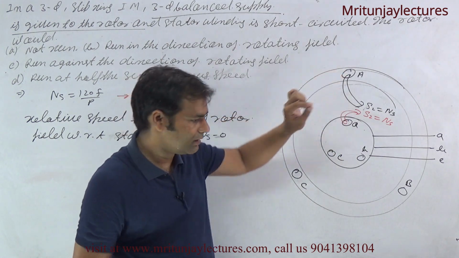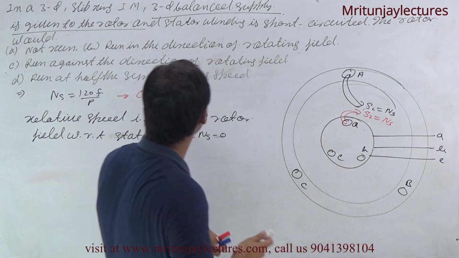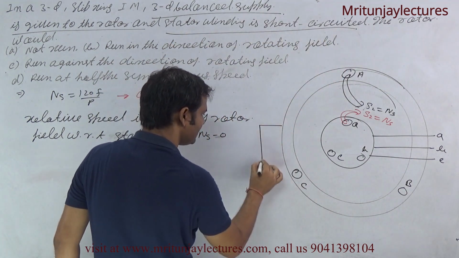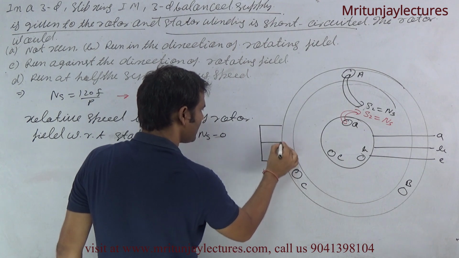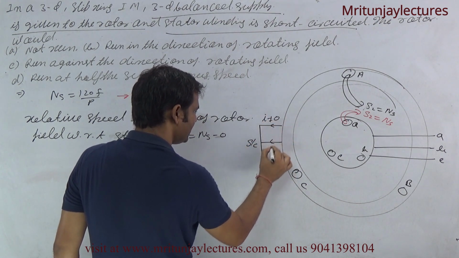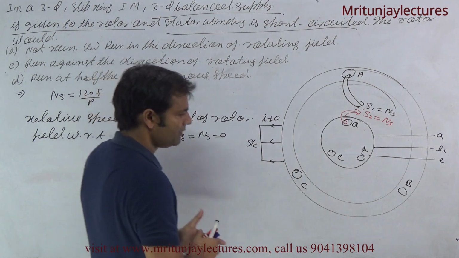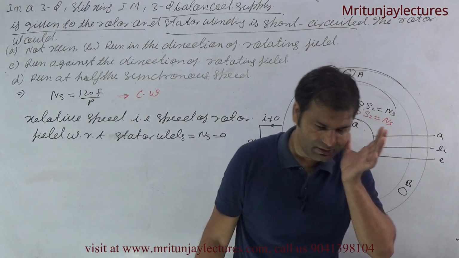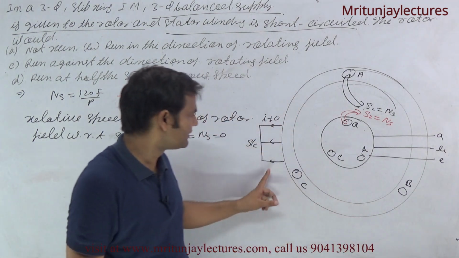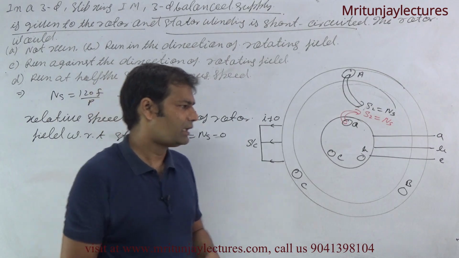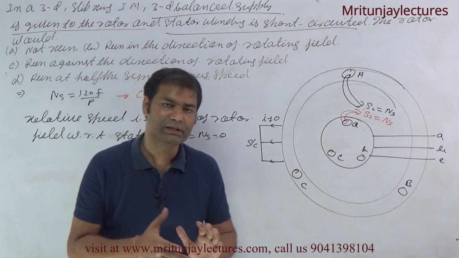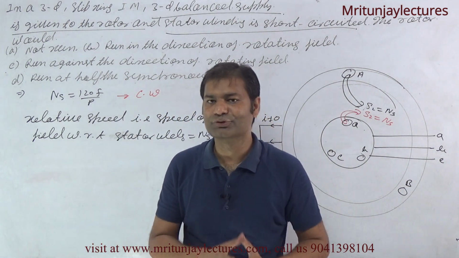On the stator side. Now corresponding to the question, the stator is short circuited. If the stator is short circuited, then induced current is also generated on the stator side. Now if induced current flows on the stator, according to Lenz law, induced current always opposes the cause of its production.